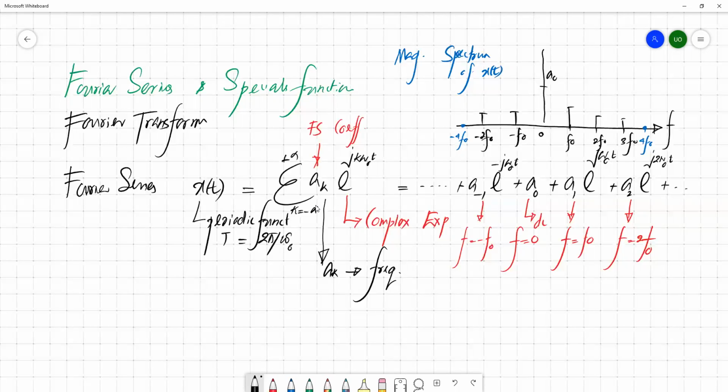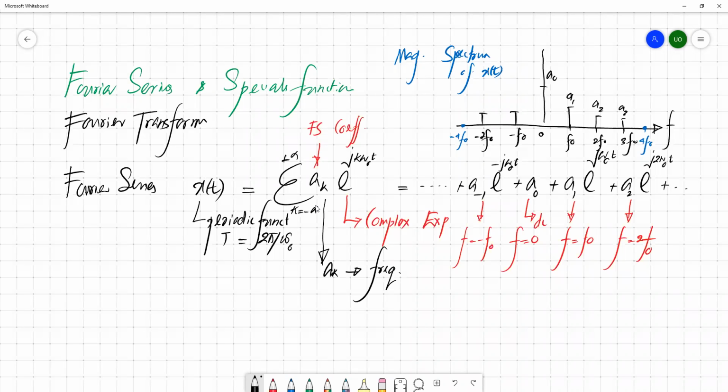By looking at this magnitude spectrum, the contribution of 0 frequency is A naught, the contribution of f naught frequency is A1, 2f naught is A2, 3f naught is A3, likewise.